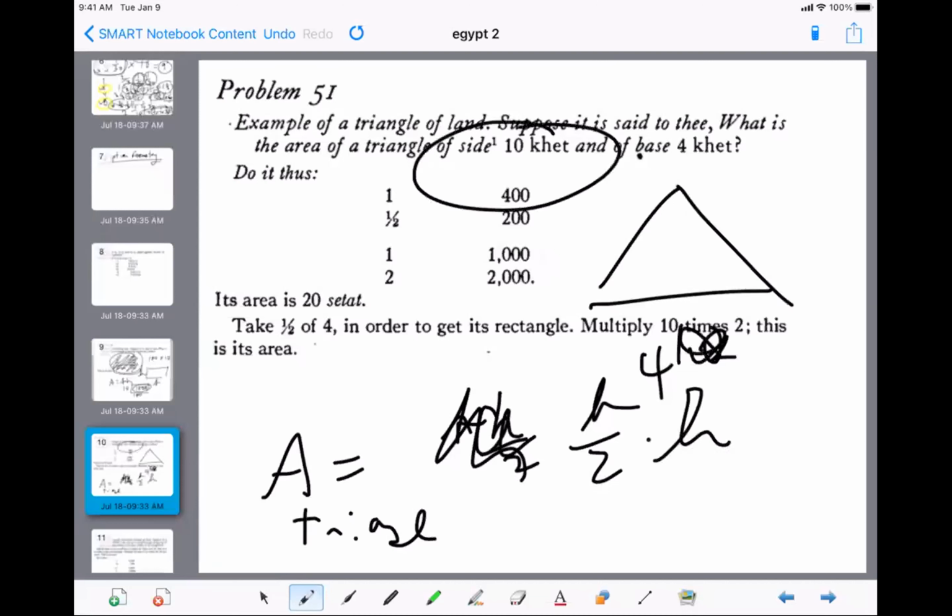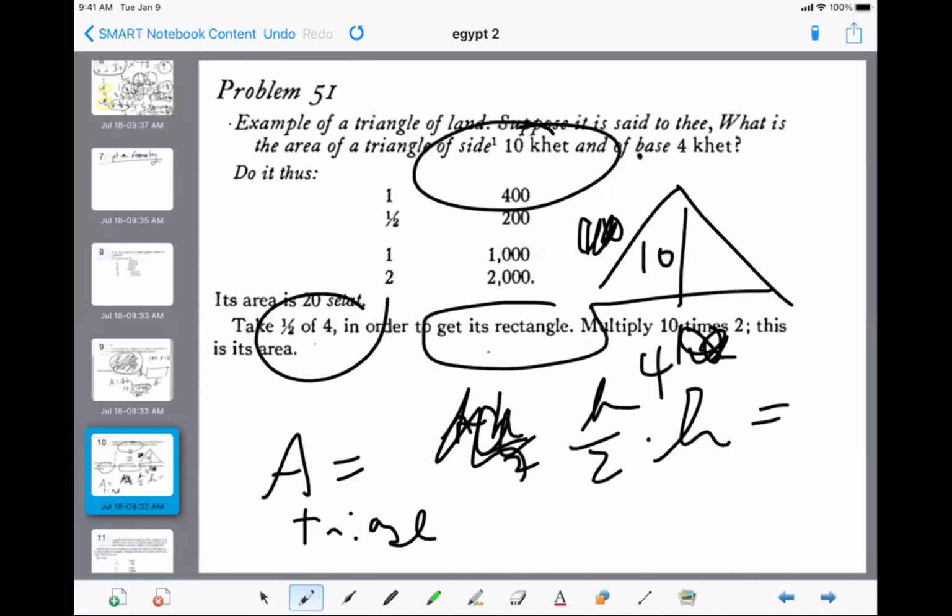It's not that they're literally saying 10 is one of the sides, I don't think. So this isn't drawn to scale. But you see, they say take half of 4. That's funny. To get its rectangle. This is kind of neat, because the answer to this question is 20, which is 4 times 10 over 2 is 20.